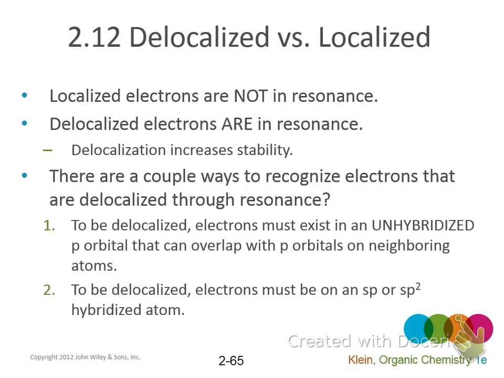Okay, so we have to talk about localized and delocalized electrons. Localized electrons are not in resonance. The most common localized electrons that we see in resonance structures are the ones that never move: sigma bonds, for sure.